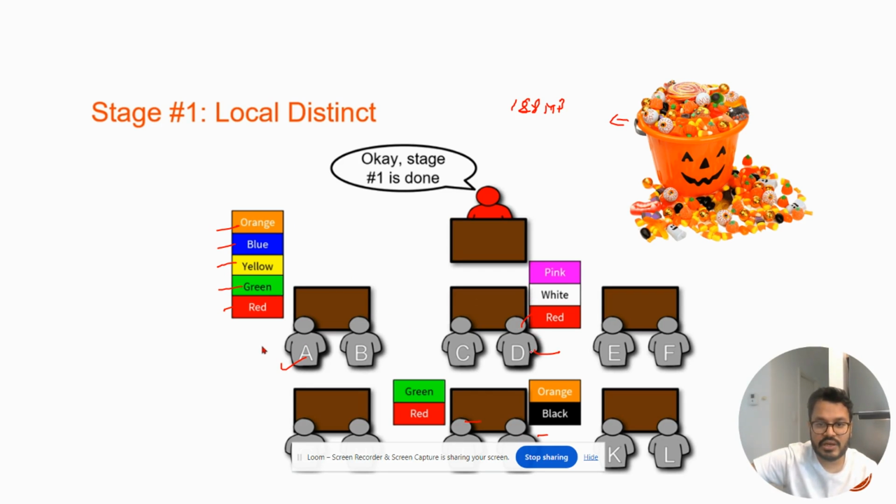Likewise, D does its count, and the other cores do the same. That's what the local distinct count means, and your stage one is done.